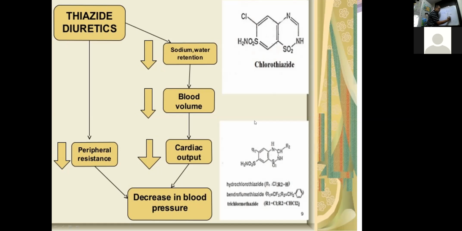Hydrochlorothiazide does not contain the double bond, and in case of benzthiazide, it contains a CH2. These are the examples of your diuretics.